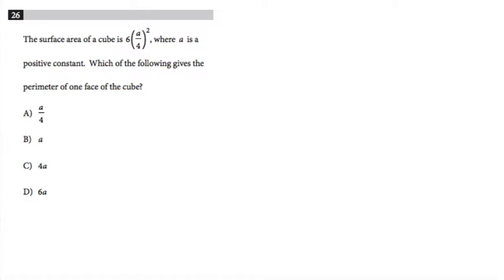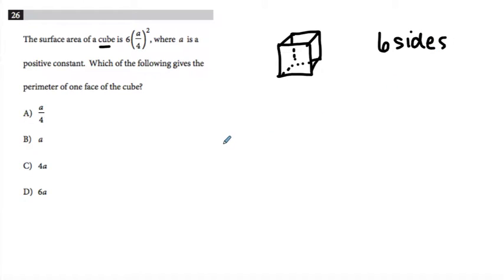All right, 26. Again, remember these are getting harder. The surface area of a cube. So surface area is everything in the cube. If you think about a cube for a second, a cube is a square, but three-dimensional. So it's got 6 sides, all of which are squares. So I knew that this 6 actually didn't matter, that each side had an area of a over 4 squared.